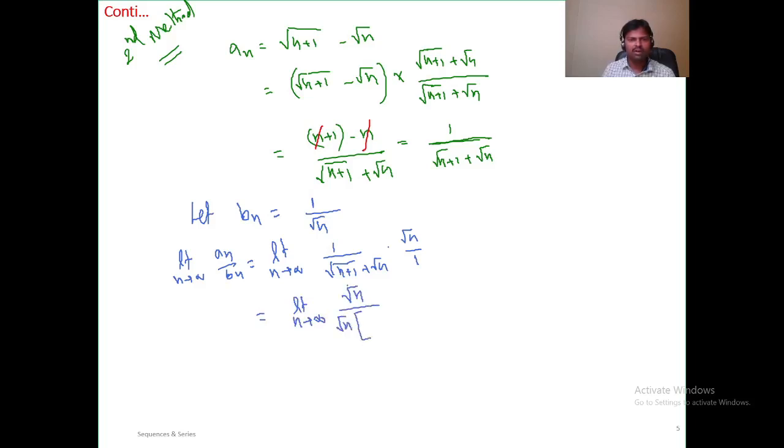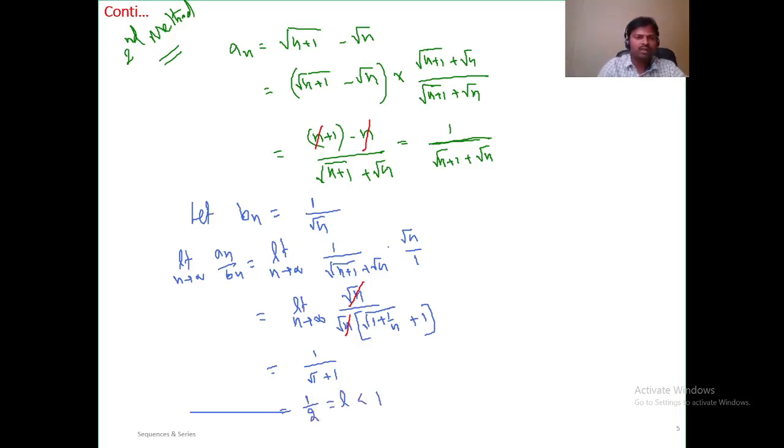So inside what will we get? Root of 1 plus 1 by n, right? Inside the root I am taking n common, so that outside root n comes out. So plus 1, because I am taking root n common. So this root n cancels out. So after applying limit, what will we get? 1 by root 1 plus 1, which is 1 by 2. So 1 by 2, this is the L value which is less than 1.